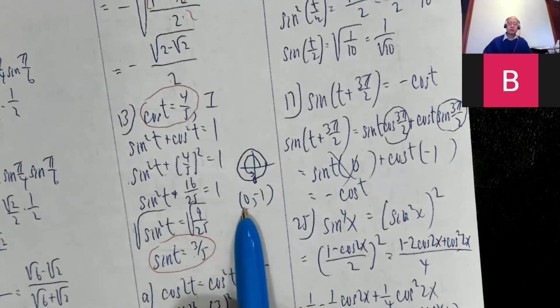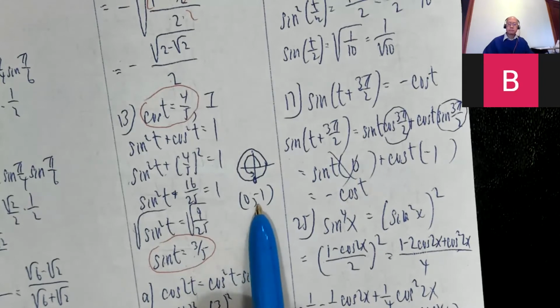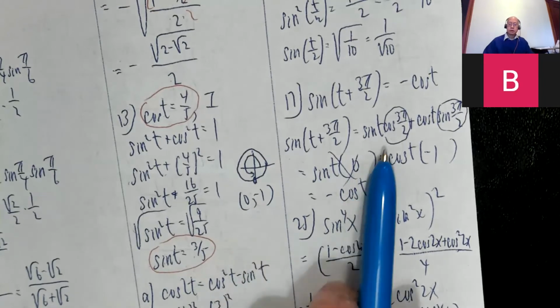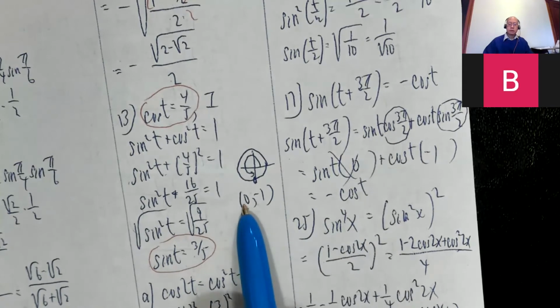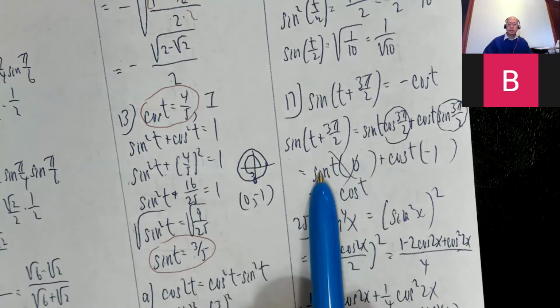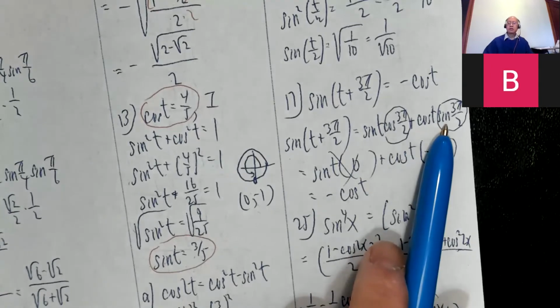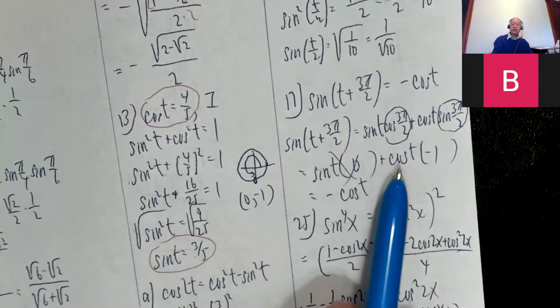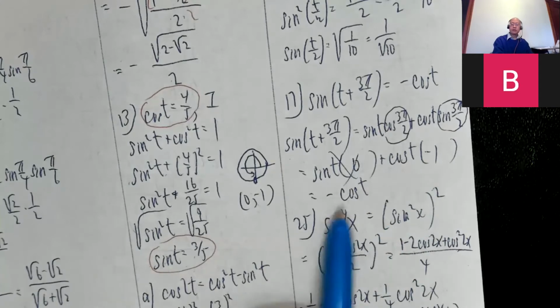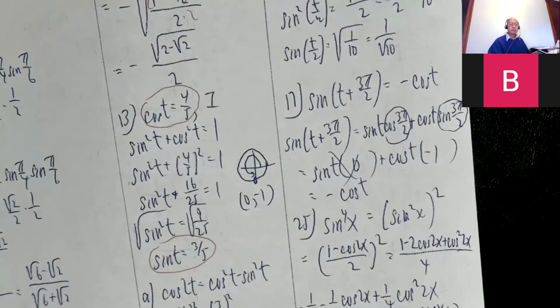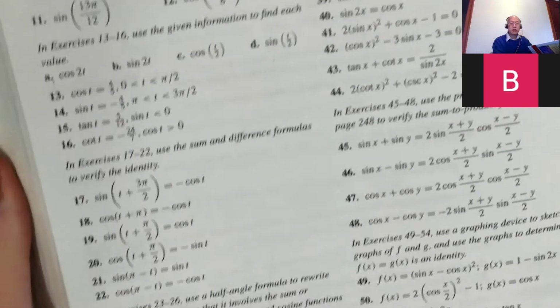The ordered pair is (0, -1). So cosine 3 pi over 2, x coordinate 0. Sine of t times 0, that's gone. Cosine of t times the y coordinate right here is -1. So the final answer is negative cosine t. Okay, so that's 17. You can do 19 and 21 in a similar fashion.